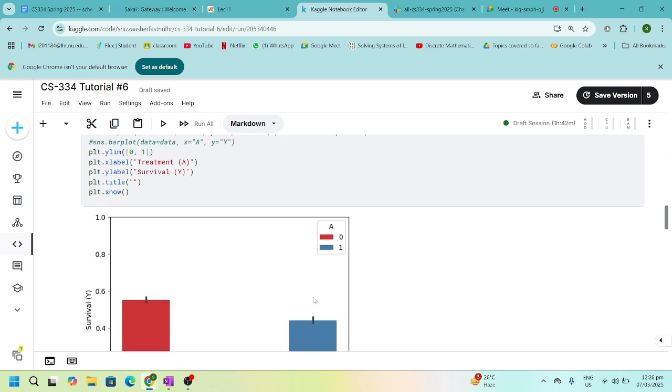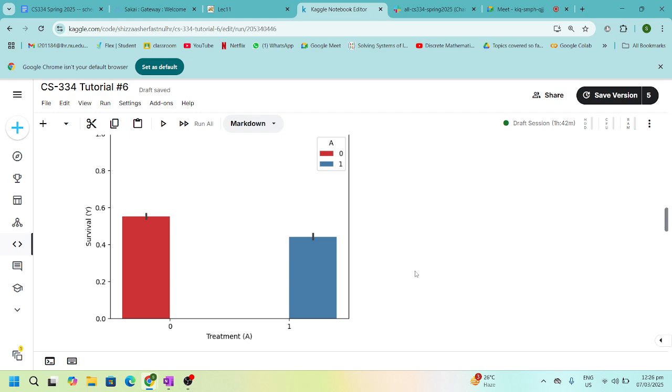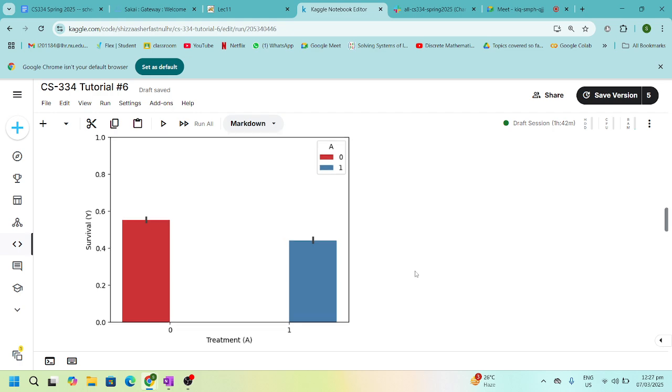Let's see, we have a graph over here. So let's go over this. On the x-axis, you have the treatment, for which we only have two values. It's 0 where the treatment was not administered, that is your control group, and it's 1 where the treatment was administered, that is your treatment group. On the y-axis, you have the rate of survival, which has been distributed across both these groups. So for group 0, this number right over here is approximately 55%.